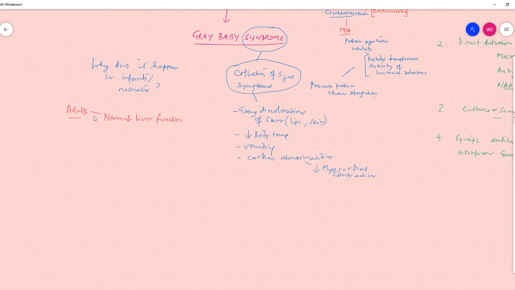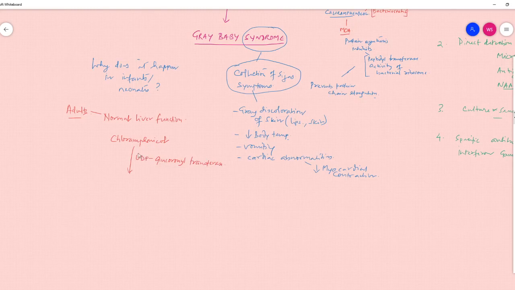okay, in adults or people with a normal liver function, what happens is chloramphenicol is converted by an enzyme called UDP glucuronide transferase.